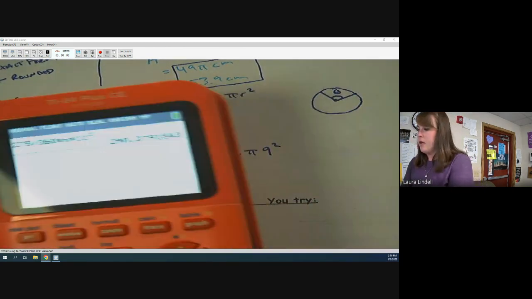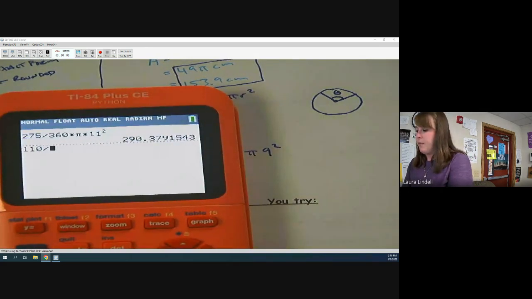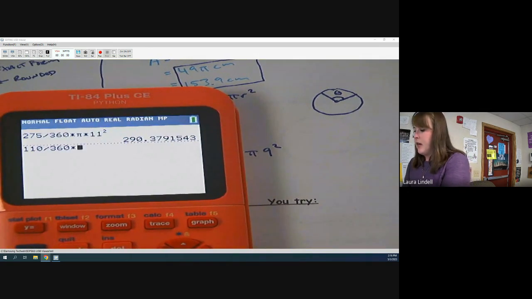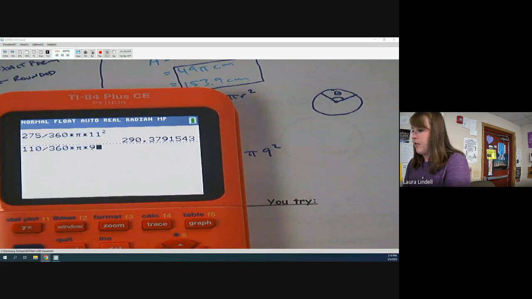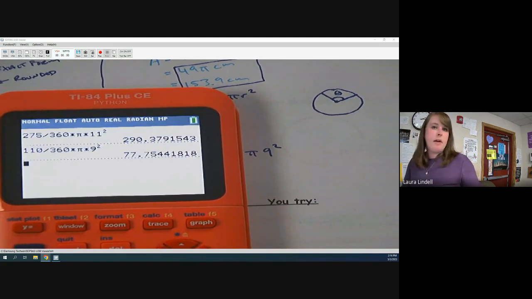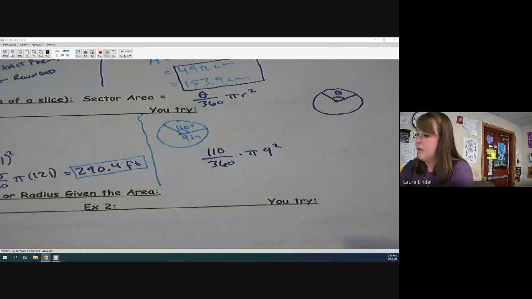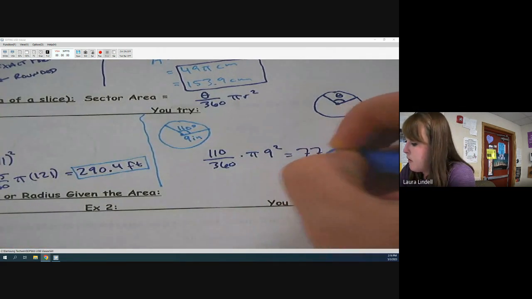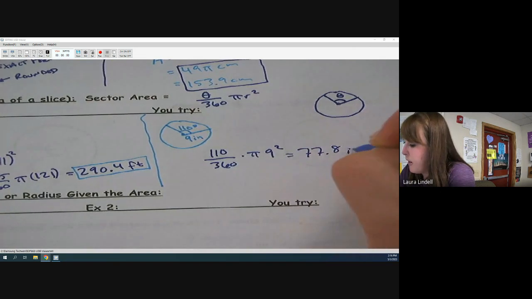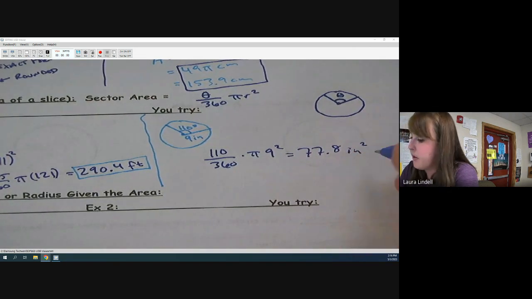So 110 divided by 360 times pi times 9 squared gives us about 77.8 if we round to the nearest tenth. So 77.8 inches.